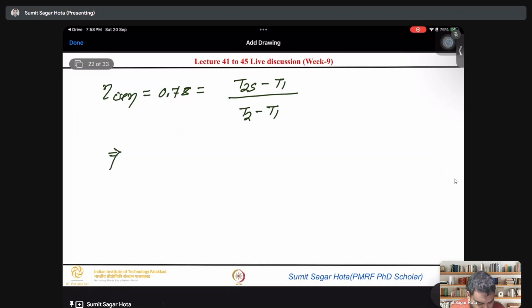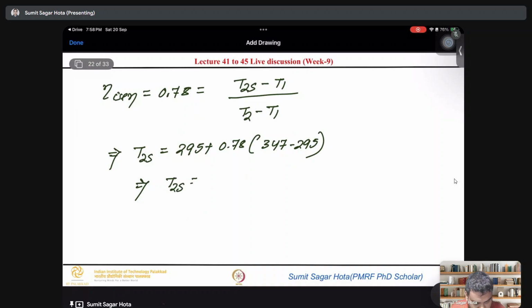For that, we just apply the isentropic efficiency relation: 0.78 is equal to (T2s minus T1) divided by (T2 minus T1). T2s is equal to 295 plus 0.78 (347 minus 295). T2s is equal to 335.56 Kelvin.